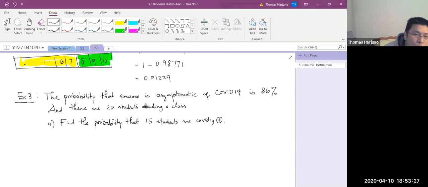But suppose you don't know if you are positive or not. All we know is that you are without symptoms. Then what is the probability that 15 students actually tested positive?